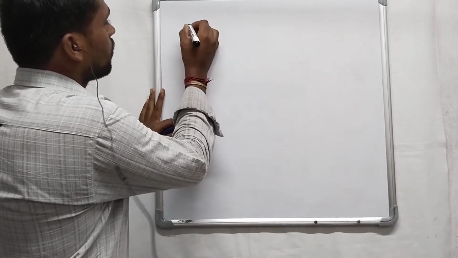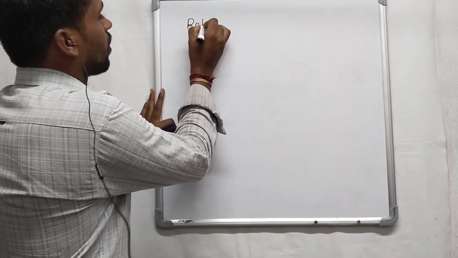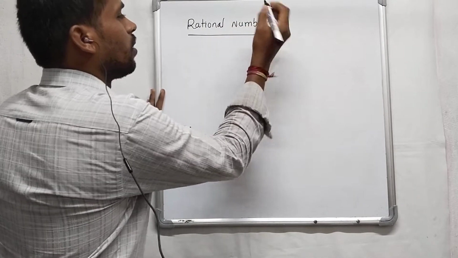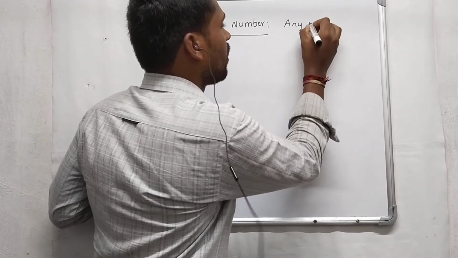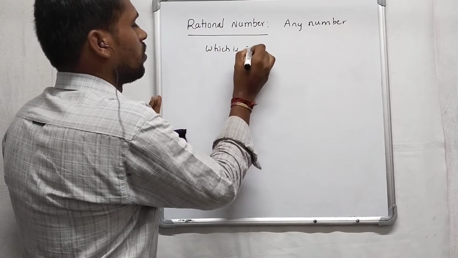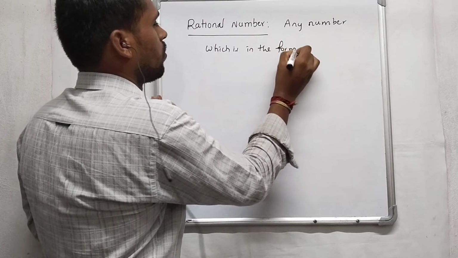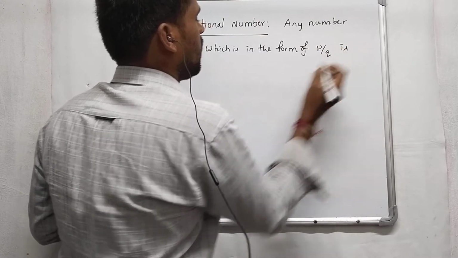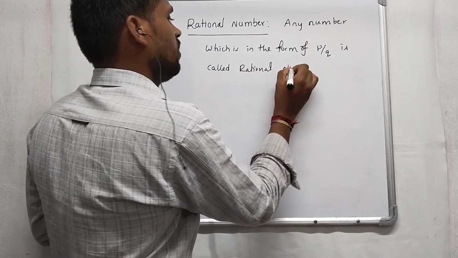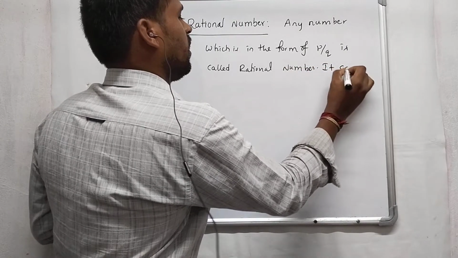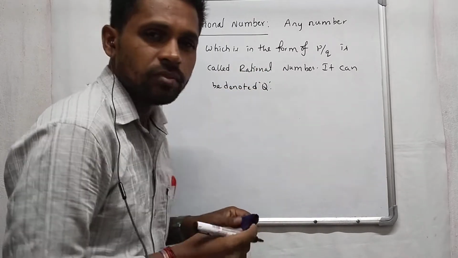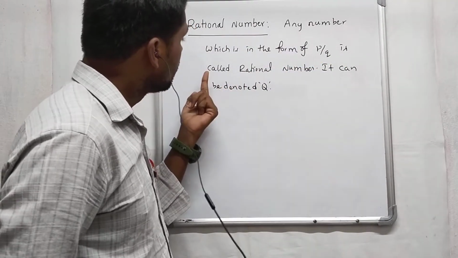So, what is a rational number? Any number which is in the form of P by Q is called a rational number.